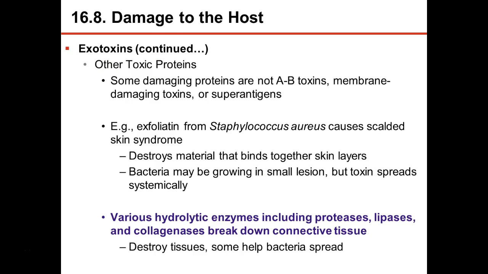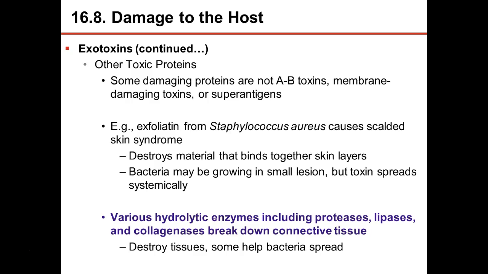There are several other different types of toxins out there that get put into all kinds of different catch-alls, such as exfoliatin, which causes what's called scalded skin syndrome in children. It's usually where the bacteria is producing this toxin that causes the skin to separate from the basement membrane. This allows the bacteria to travel throughout the body, but ultimately it causes the skin to look like it's been burned off of a patient.